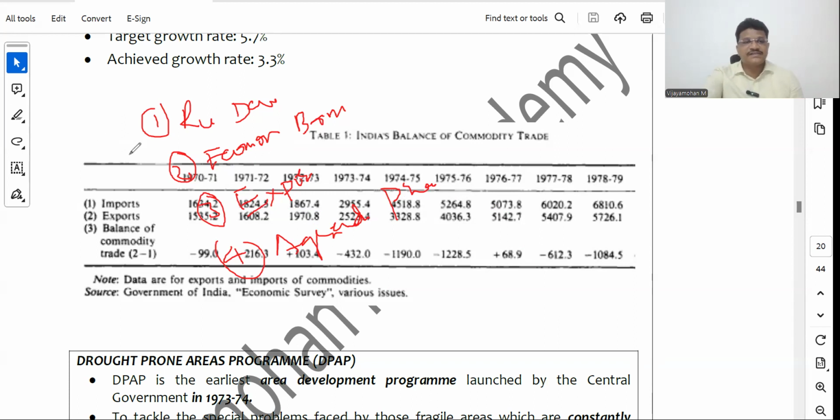So these four are the reasons for this trade surplus in 1972-73.